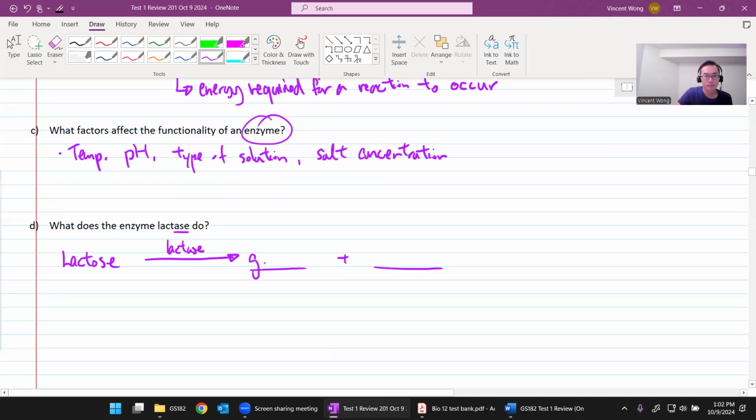Glucose and galactose. That's right. So that's an enzyme that will help break down lactose. Of course, if you don't have that enzyme, then you are lactose intolerant.